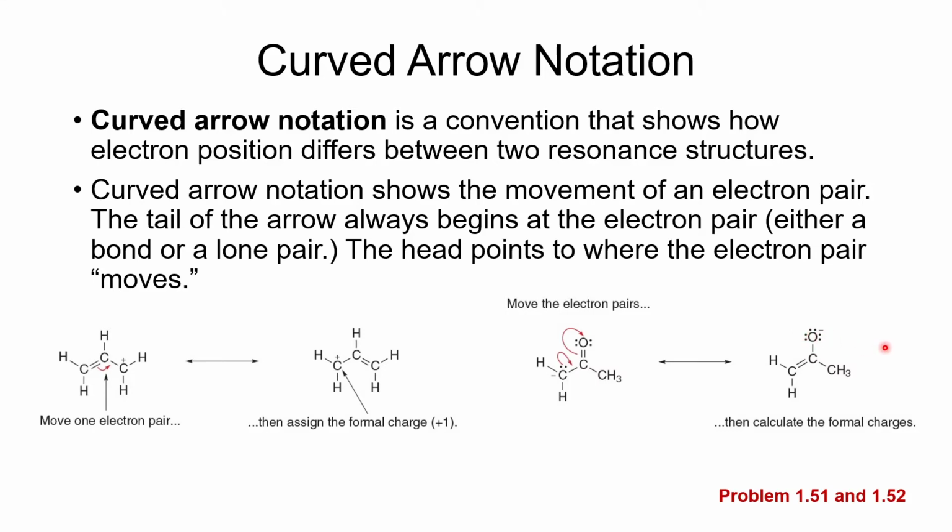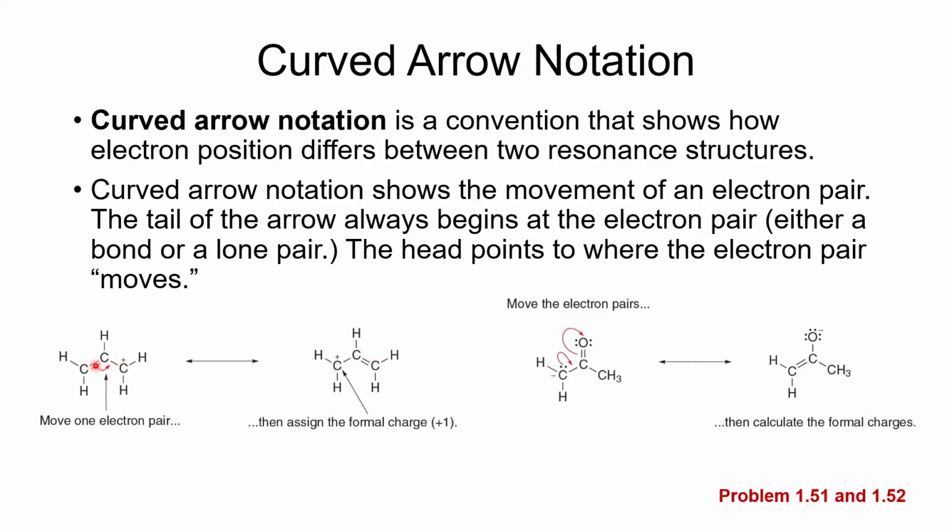Now, one of the quick and easy ways of doing this is if you have a positive charge, then the arrow is going to start away from that positive charge and move towards it. You'll see here where we've got this positive charge on carbon. Well, we can move this pair of electrons between carbon 1 and 2 and go to between carbon 2 and 3.